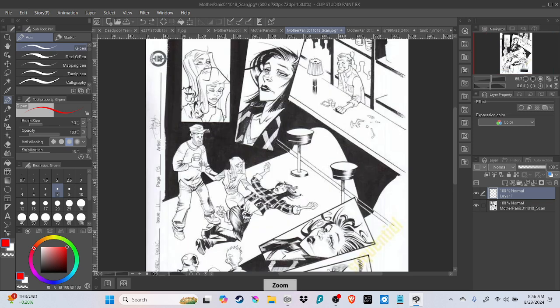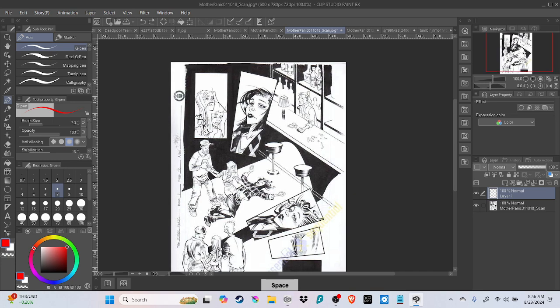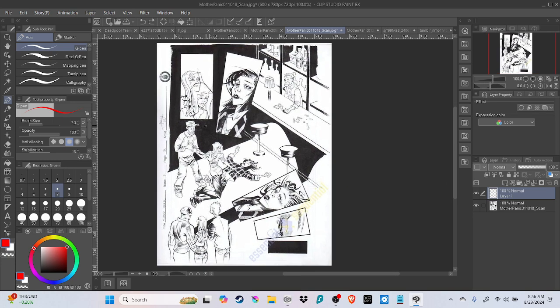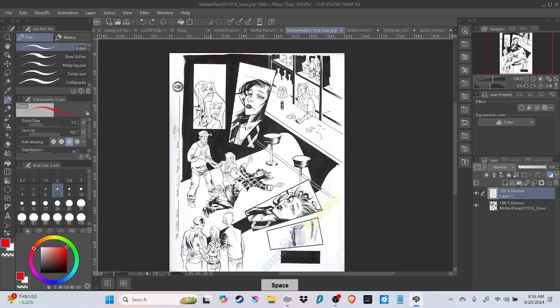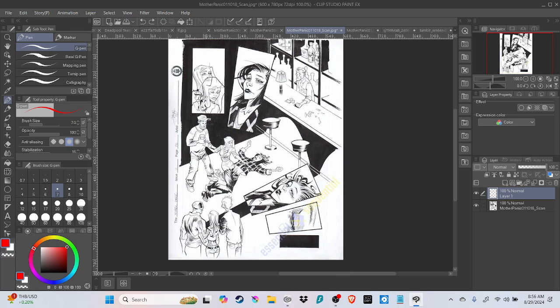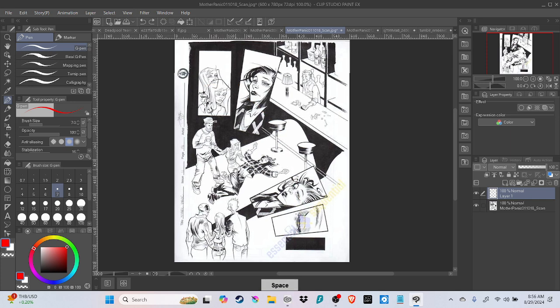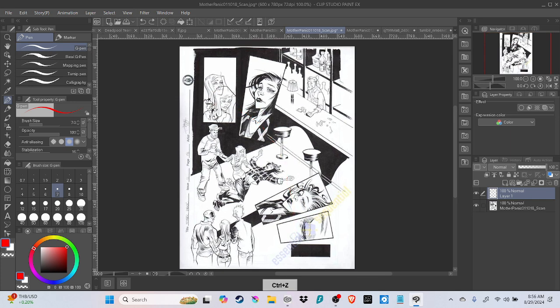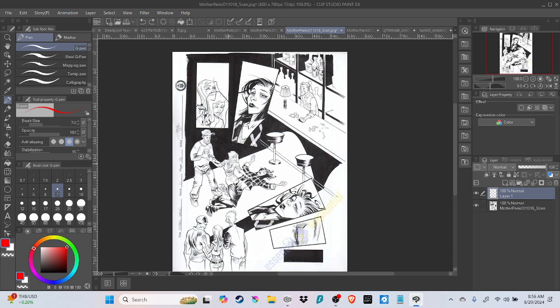A beginner just looks at something like this and they go, okay, well, it is an interesting looking drawing, but there's a compositional element to this that I think is really smart. And that is that we follow her descent into being unconscious in this kind of rotational way, in a way that's really interesting because, like I've mentioned before, the task of a comic artist is that you have to be able to tell a story.